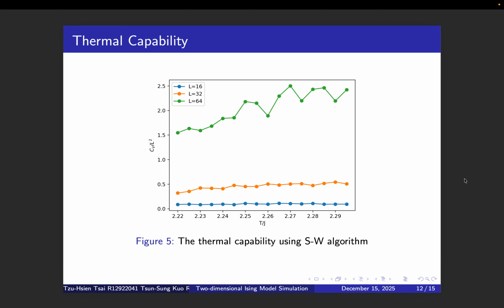However, we found that the thermal capacity goes from 1.5 to 2.5 multiplied by the size of the lattice when the side length of the lattice is 64. This result is derived from the Swendsen-Wang algorithm.